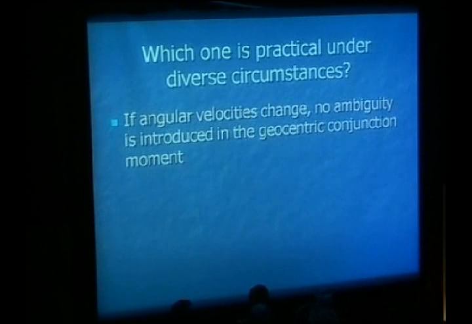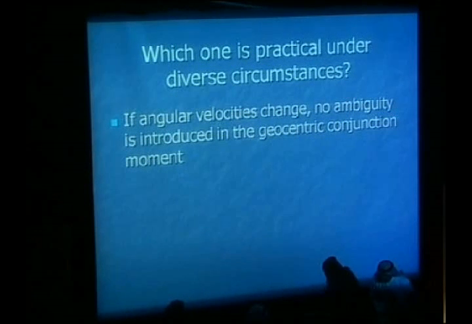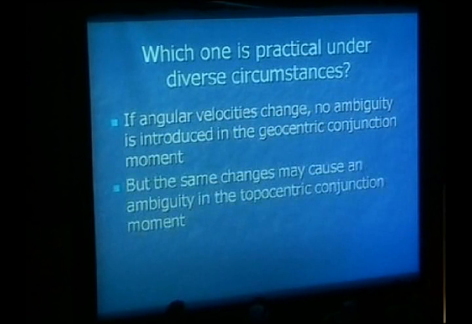If angular velocities change, the angular velocity of the rotation of Earth around itself and the angular velocity of rotation of the moon around the Earth, no ambiguity is introduced in the geocentric conjunction moment. We still have a specified geocentric conjunction time. But the same changes in the angular velocities will introduce an ambiguity in the topocentric conjunction moment.